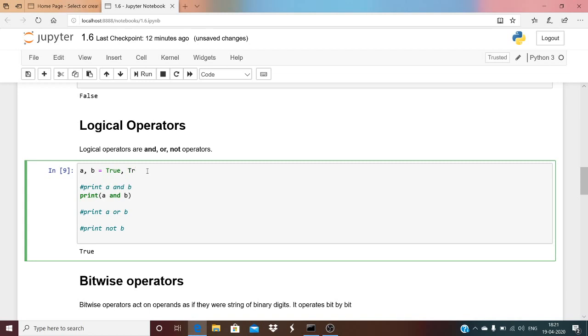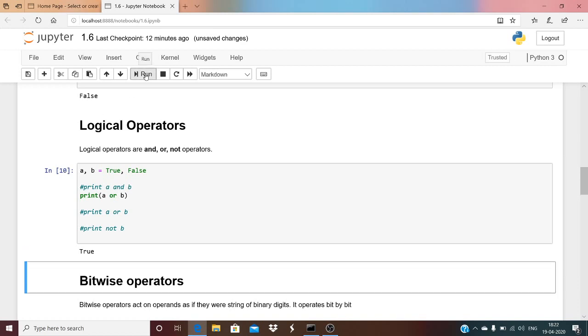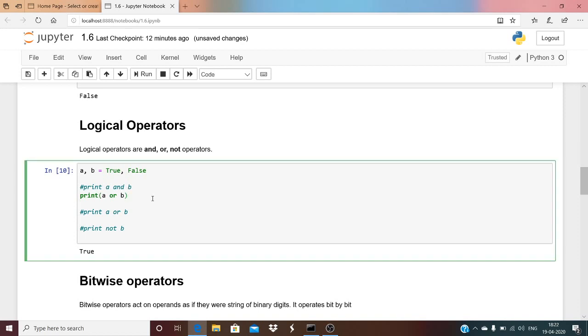If one of them is false, we can't get true. So, okay, we again changed it to false. So when we use OR, let me show you. It gives true, as in OR it is not compulsory to have both true or both one as a value. So if one is true, it's enough for OR to give a value of true.